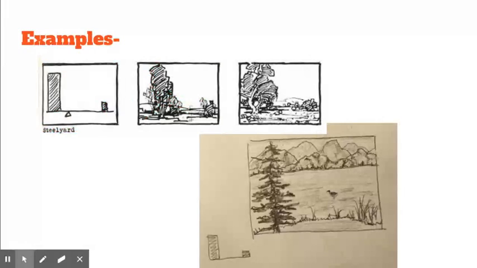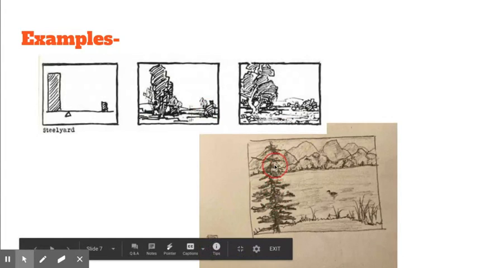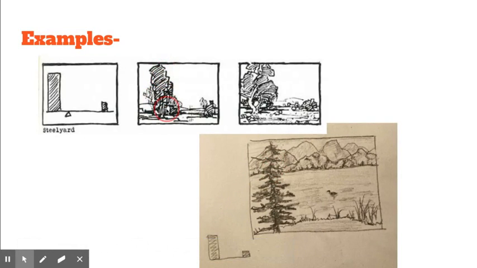So here are some examples. Okay, so this is the Steelyard composition, and that's just saying it's got something big here and then something small here. Okay, so in this composition, they changed the tree. So this is a pine tree when before it looks like something else.